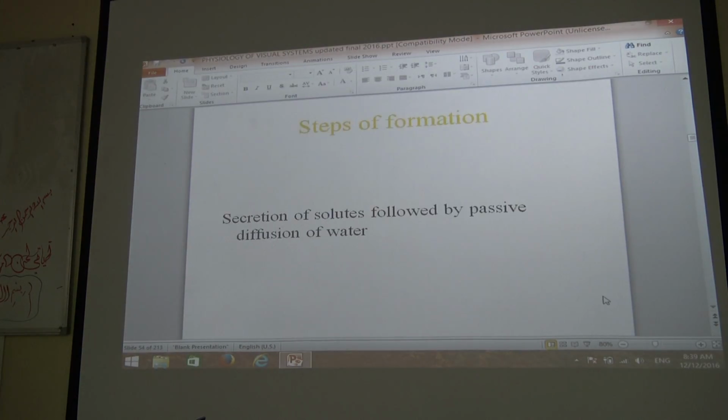Active process, like CSF, needs two important enzymes: carbonic anhydrase and ATPase.